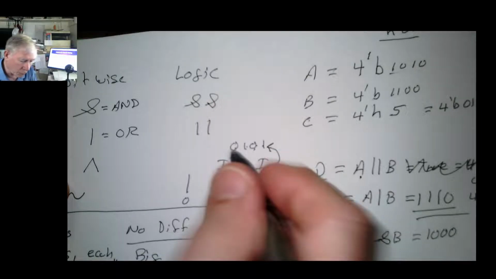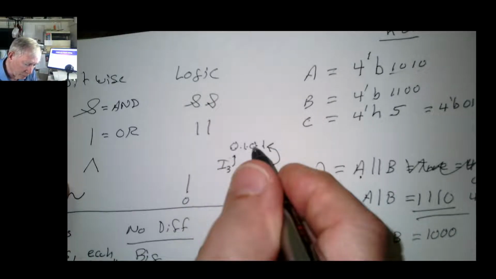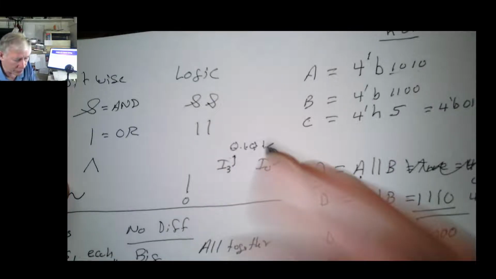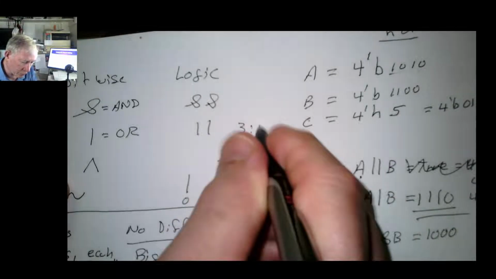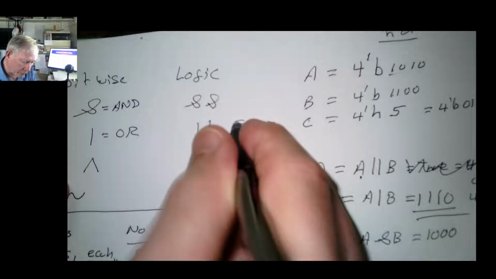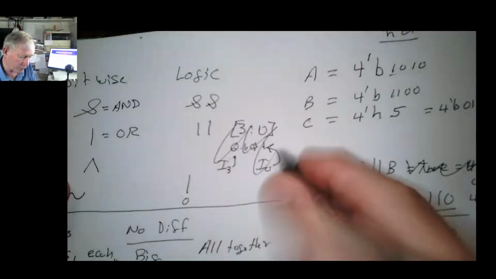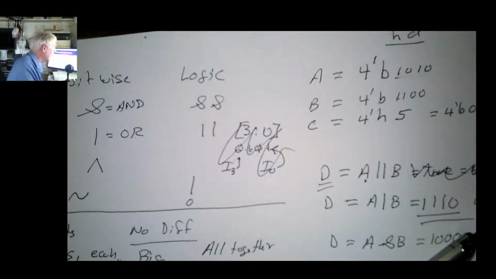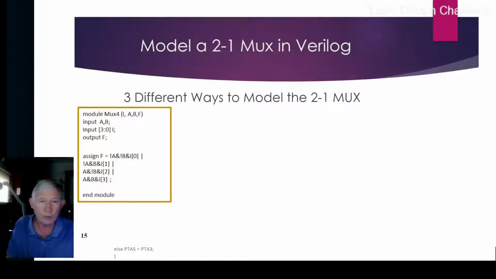But note, we write them 3, 2, 1, 0. So that's why we do 3 to 0 when we define these bits. You can write it the other way. It's just backwards from what we're actually going to use. So that's why we write it this way. And then the output F. Notice input and output. This tells us which way these variables are moving. And there's also an inout.